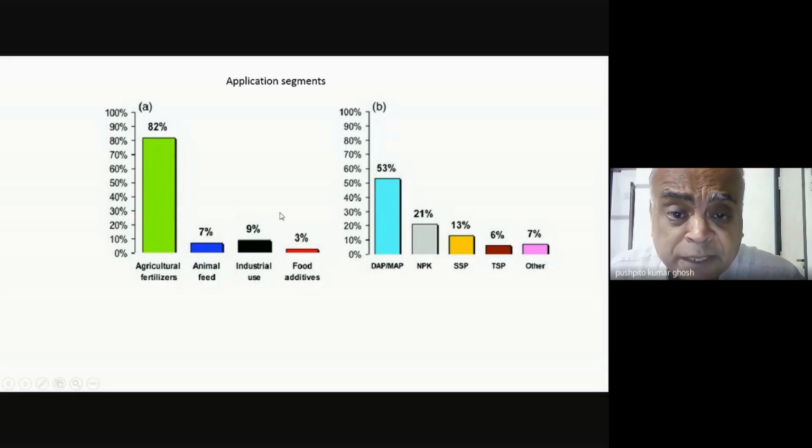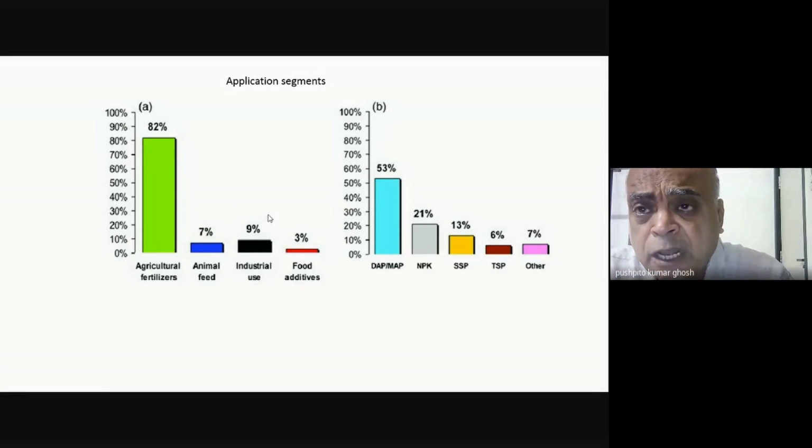Industrial use is a big thing. Although it's coming down now, many of the builders in detergents are orthophosphates. Synthetic detergents require builders to effectively reduce the hardness of the water, because otherwise the detergents don't function well.